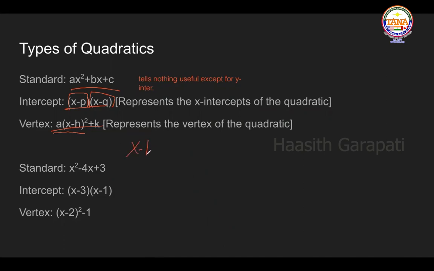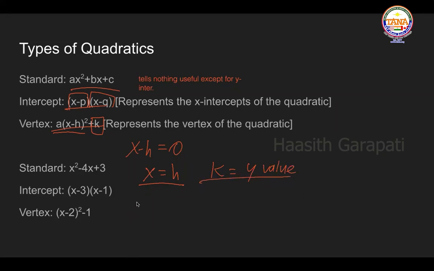If we set x minus h equal to 0, then the x coordinate of the vertex is equal to h. And then k in this case is going to be the y value of the vertex.